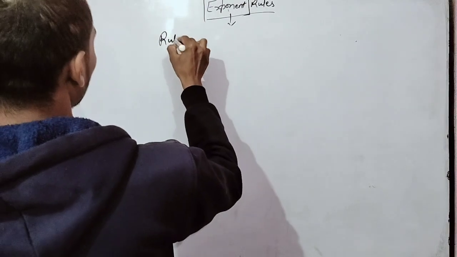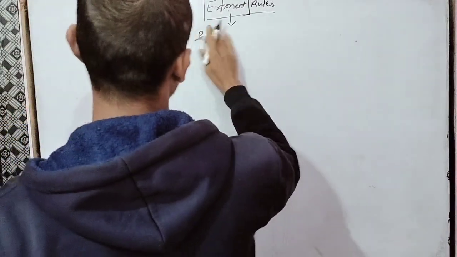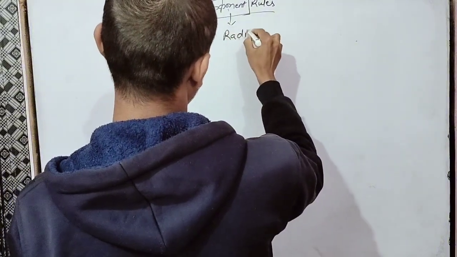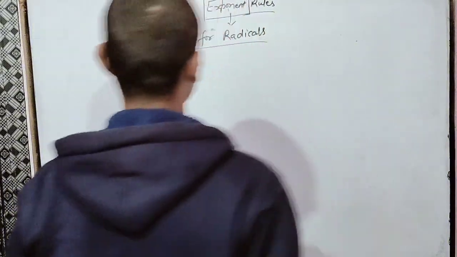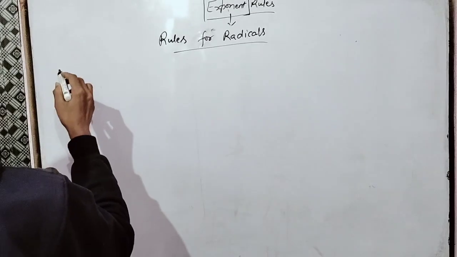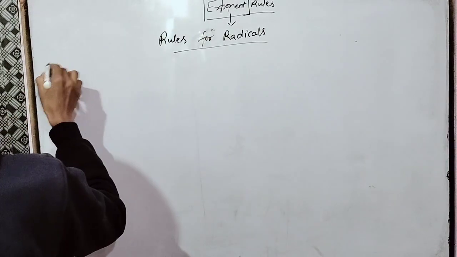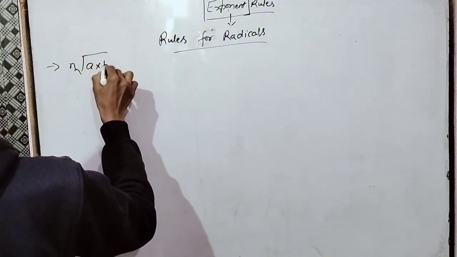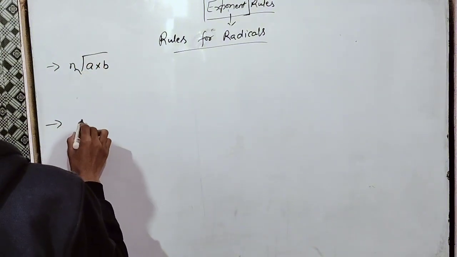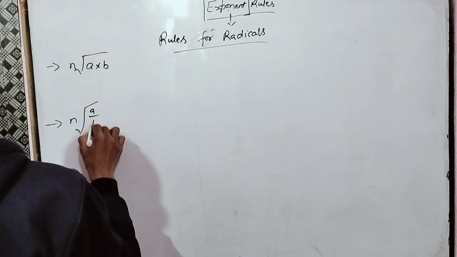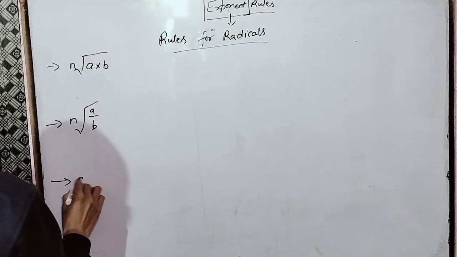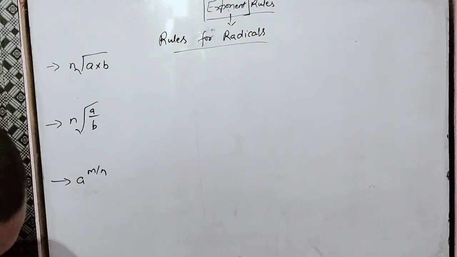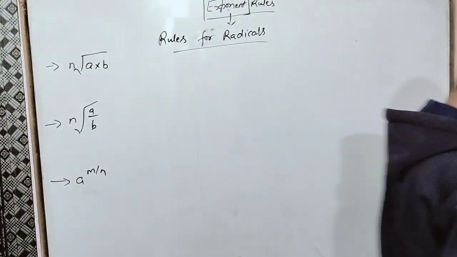Rules for radicals. Rules for radicals. Question we can have. Clear? Then we have. Now, can you explain it?